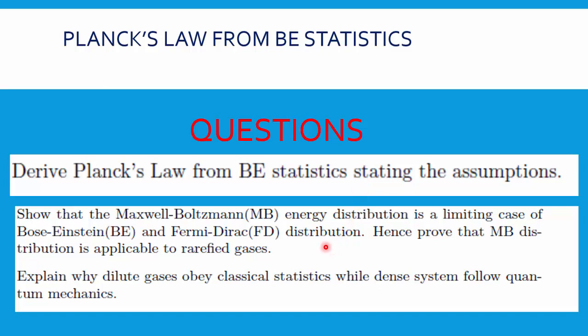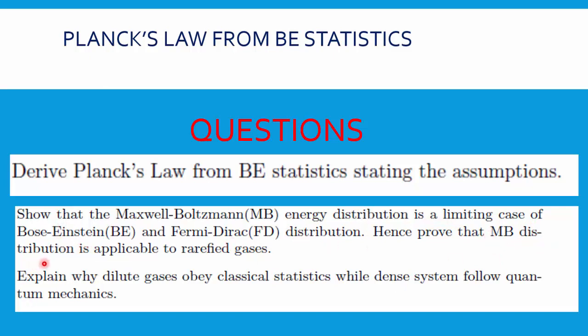And from the topic of the physical condition that tends FD and BE to MB, these two important questions are there. Show that the MB or Maxwell-Boltzmann energy distribution is a limiting case of the BE and FD distributions.